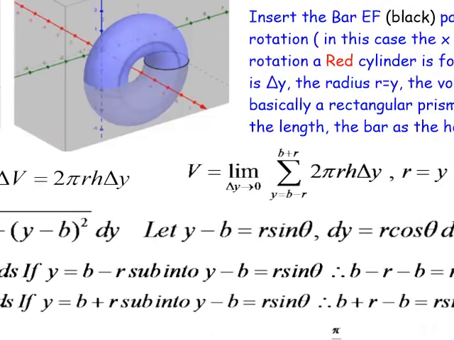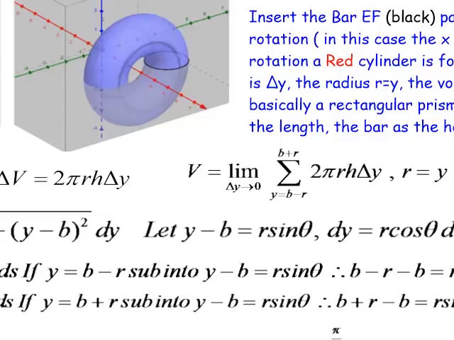Well, here we have the right page now, and you can see when we are doing shells, we have the volume as usual, delta V equals 2 pi r h, in this case delta y, and we've got r as y, and h is what we worked out before. Now we have to do a little bit more work on our integration. Before, they were just quarter circles, but now with that y at the front, it means we need to do what's called a trig substitution.